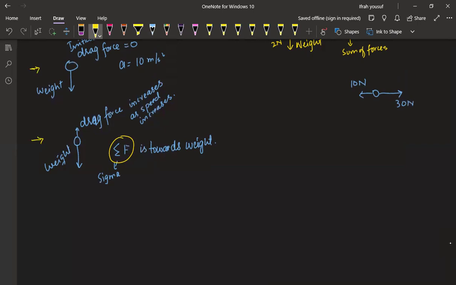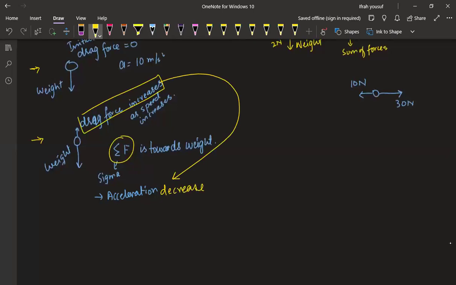So in the second step, the weight has become less than the first step. So what are you going to conclude? The acceleration is decreasing as drag force starts acting on it, because over here you can see drag force increases, due to which acceleration decreases. Clear?